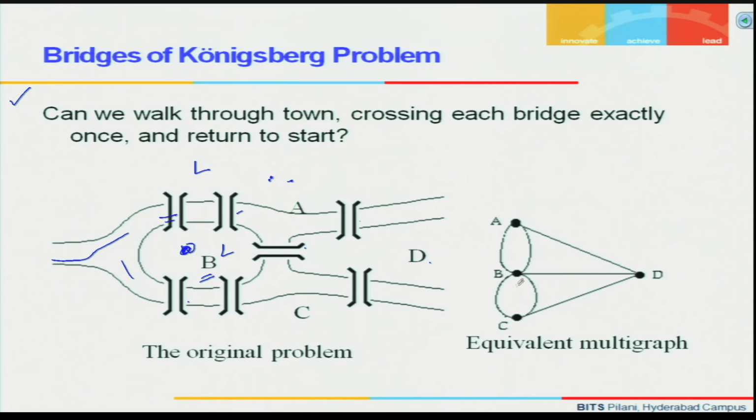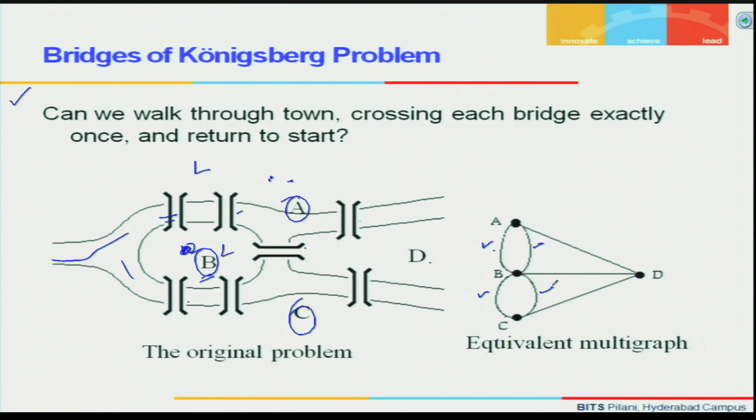You got A, B, C and D, and you have got bridges. From A to D there is a bridge, from D to C there is a bridge, from A to B you have got two bridges, so two edges. From C to B you have got two bridges, hence two edges.